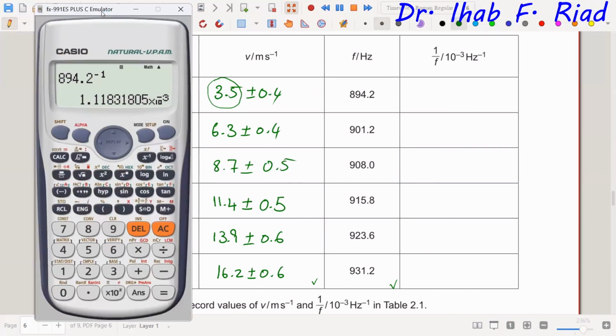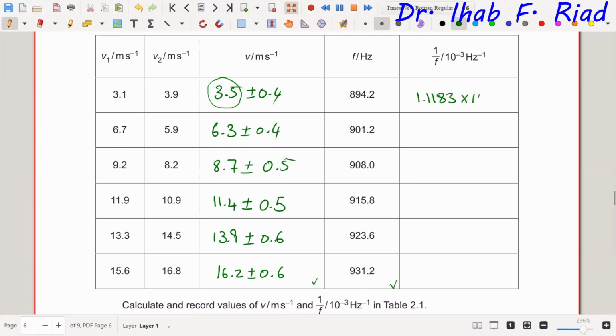Now, how many significant figures should we keep? Either 4 or 5. I'm going to go for 5. Then it is going to be what, Dean? 1.1183, and we have 10 to the power minus 3, right? Yes.